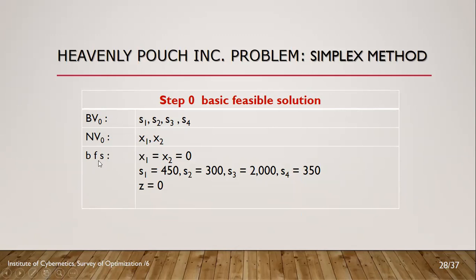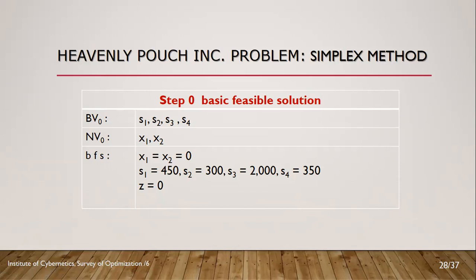For the BFS, basic feasible solution, we start with setting the non-basic variables to 0. Then we find the values for basic variables, which are s sub 1 is 250, s sub 2 is 300, s sub 3 is 2000, and s sub 4 is 350. And the value of the objective function is 0. So we are ready to perform the first iteration of the simplex method.